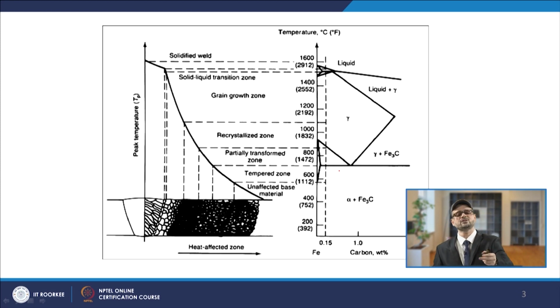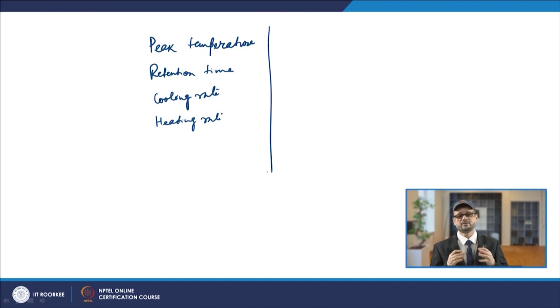So, the first zone is typically the melt metal zone, and after that, once you go towards the base metal, where the weld metal zone ends, you have the fusion boundary. So, you have the fusion zone.